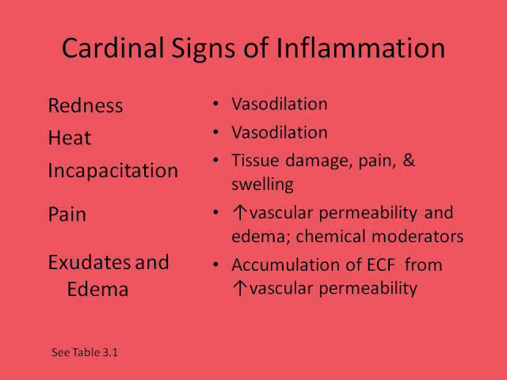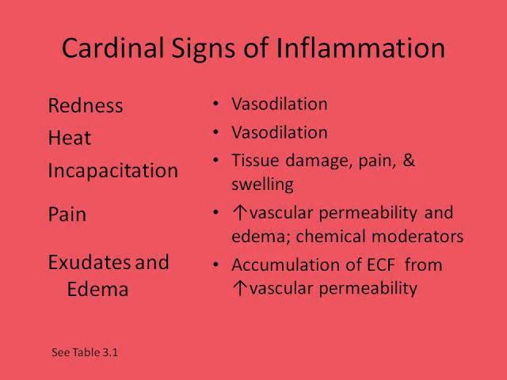The pain has a lot to do with the swelling, and also chemical moderators or mediators can directly elicit a pain response. And finally, the exudates and edema are from the extracellular fluid that's accumulating in the tissue that is damaged or near it. And it's because of the vascular permeability. The stuff has come out of the blood vessels. The extra fluid has come to the site to help to heal it, but after a while it's too much.